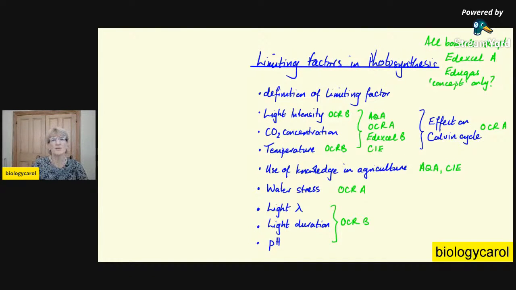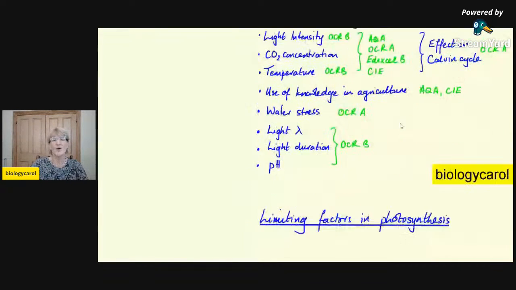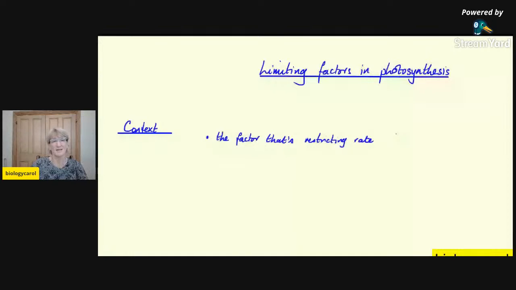So I'm just going to spend a few minutes going over that. We're going to go through this in pretty much this order. So hopefully it will be very straightforward, and up in the corner here, I am going to say exactly which exam boards need to know what is on the slide. So let's kick off and do a little bit of context.